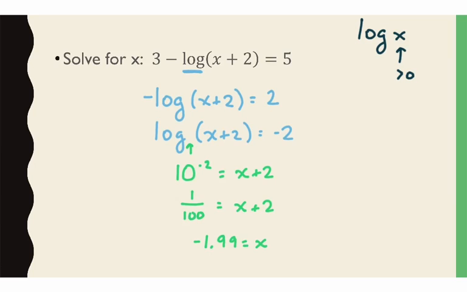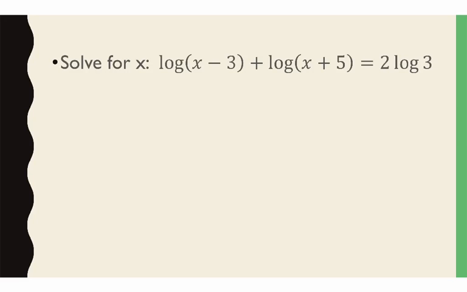So let's check. If x is negative 1.99 and I plug it in here for x, what will I have? Oh, well, I'll have log of 0.01. That's okay. So I'm going to keep my answer. It does not give me any kind of undefined result. So this is not an extraneous answer. All good.